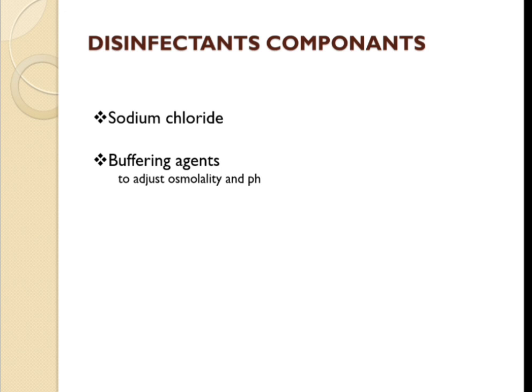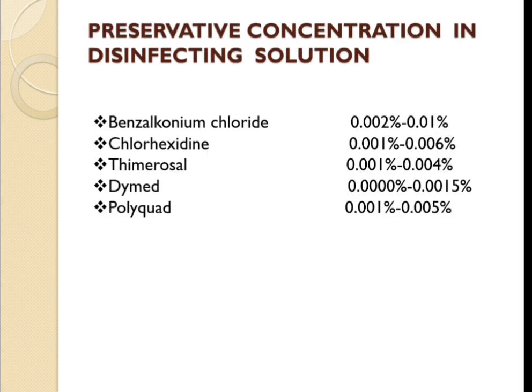Some of the disinfectant components available are chemicals such as sodium chloride, or buffering agents, mainly used to adjust the osmolarity and the pH level. As you can see, contact lens solution has some preservatives. The preservative known as benzalkonium chloride is available at 0.002% to 0.001%.